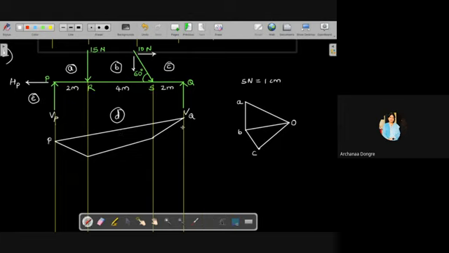This is P, this is Q. Now draw a line parallel to PQ. From O, we have to draw a line parallel to PQ. Now where it will go? It depends, wherever it is, we have to draw it from the O point.